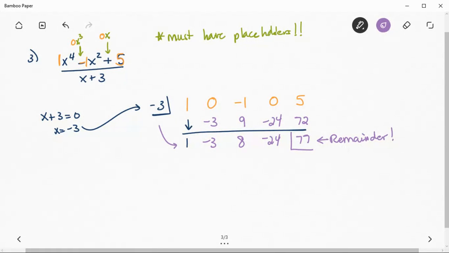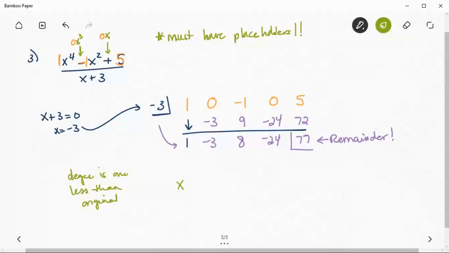Okay, our final answer with these coefficients: since we started off, our degree is 1 less than the original.